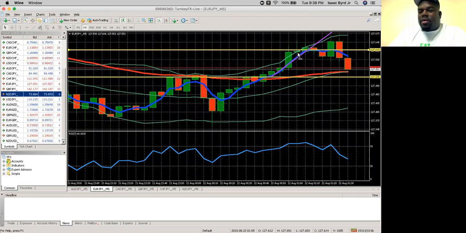Really, on this candlestick here. So 5, 10, 15, 20 minutes, 10 pips. Very easy, very simple, not hard to do.